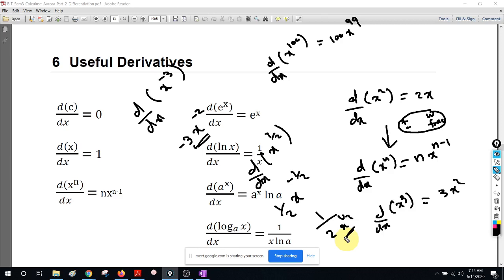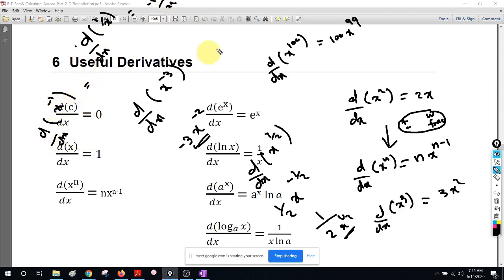Now remember, when we were doing some examples, we got 1 over x. When we did d by dx 1 over x, we got minus 1 over x squared. So how do we get it? d by dx 1 over x, we can write as d by dx x to the power minus 1.